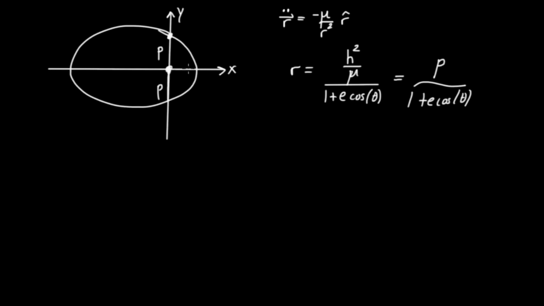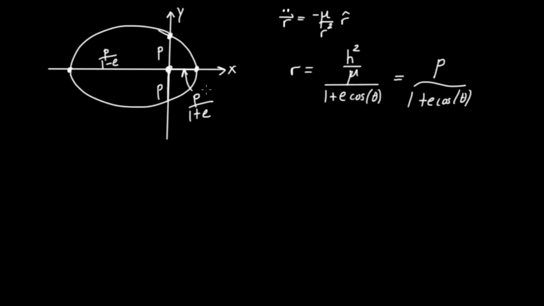So that means the distance from here to here is going to be p over 1 plus e. That's that distance. And similarly, if we plug in theta equal to pi, we can find the distance from here to here on the x-axis. And if we do that, we'll get p over 1 minus e.